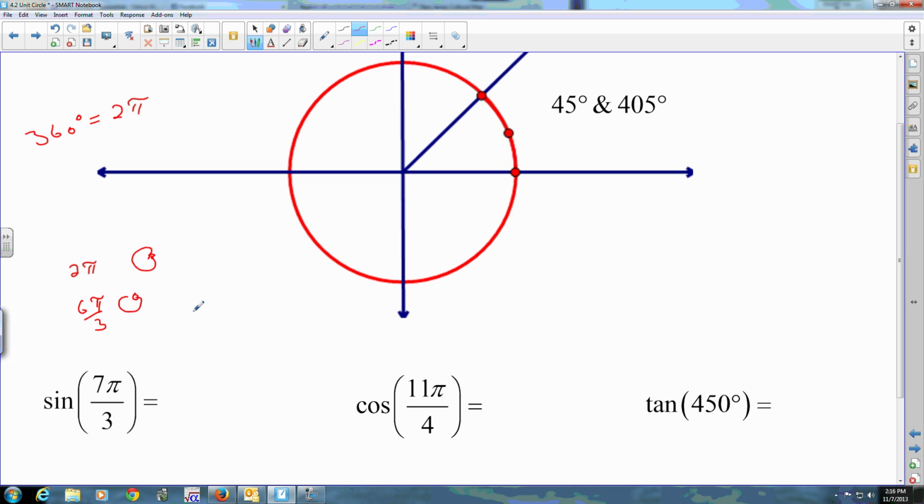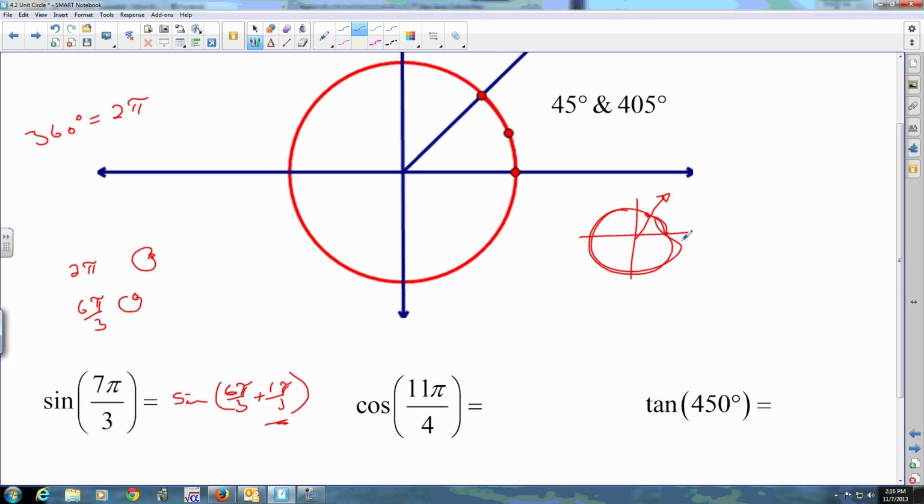So this could be thought of as the sine of 6 pi over 3 plus 1 pi over 3. In the picture, you're starting here, going a full circle, and then pi over 3 more. So you're going to end right here.